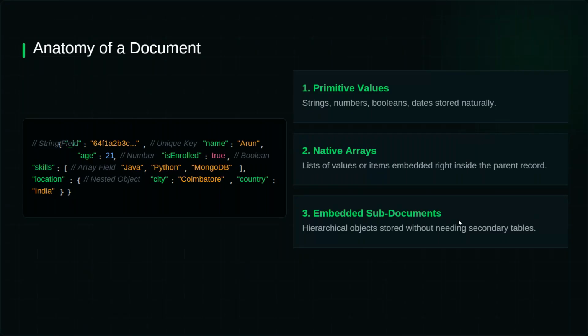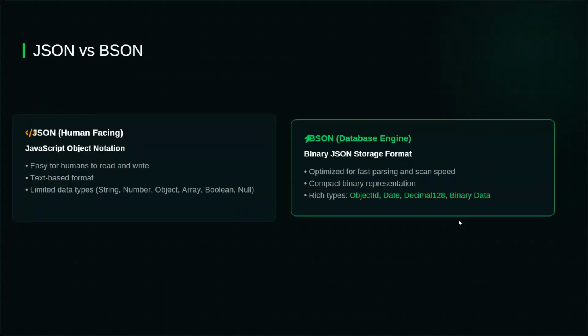You might wonder, if we write JSON in our app, how does MongoDB process it so quickly under the hood? Let's see JSON versus BSON. While developers write and read human-friendly JSON, which is JavaScript Object Notation, the MongoDB database engine stores data as BSON, which is binary JSON.